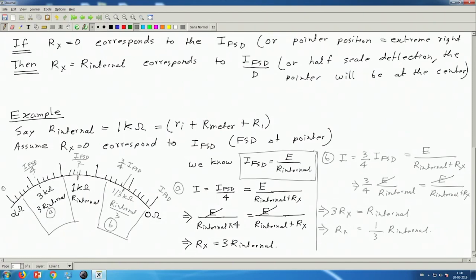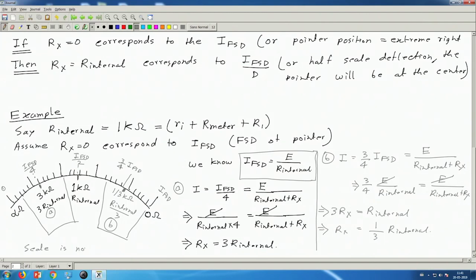This is position B, and this is position A. That is how you can mark all other positions on this scale. Now you observe that the scale is non-uniform, non-linear.